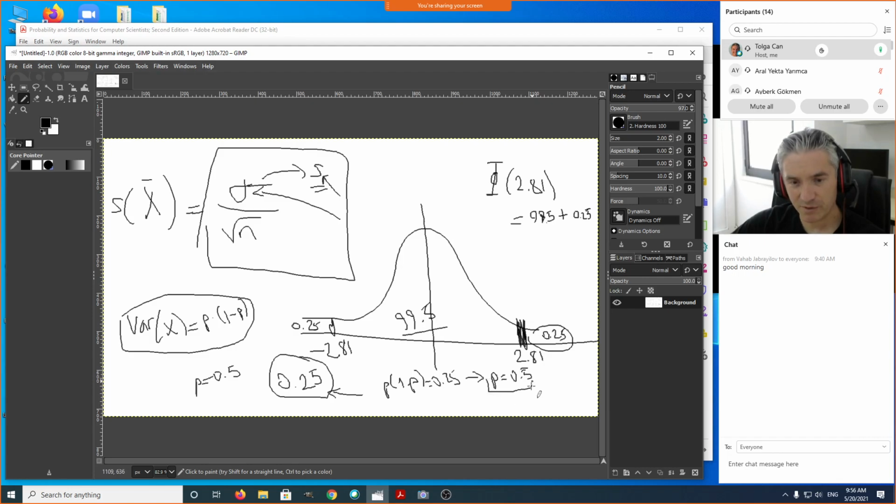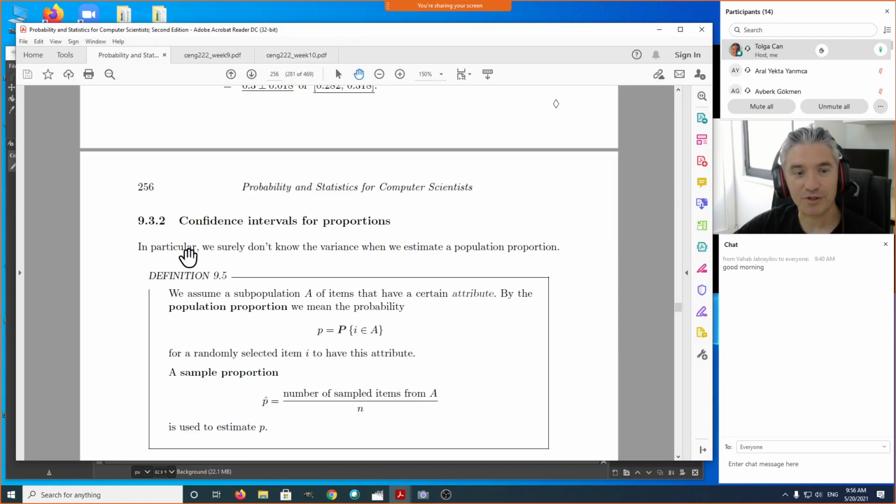And by the way, this is the largest the variance can get. But for any other value of the variance, you will immediately know p. So if we know the variance, it means we know the proportion that we're trying to estimate. So if we know that already, why would we try to estimate it? That's basically what this first sentence is saying.